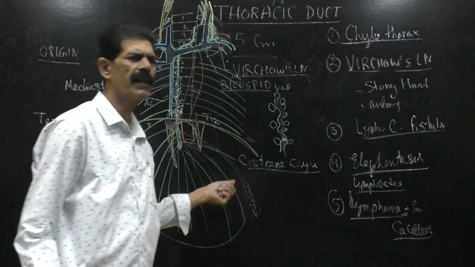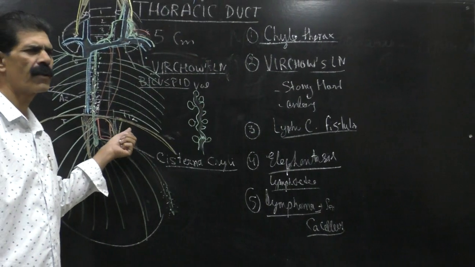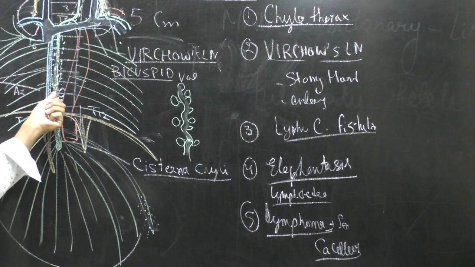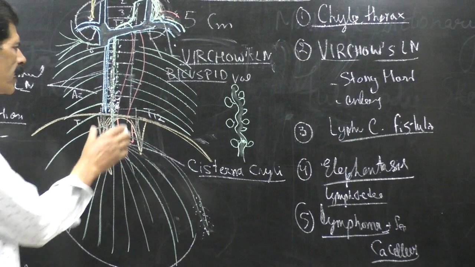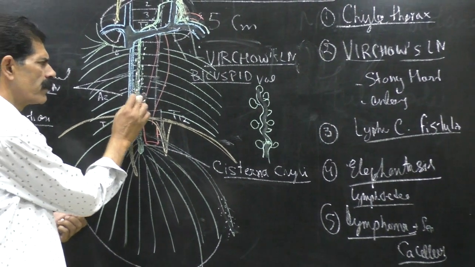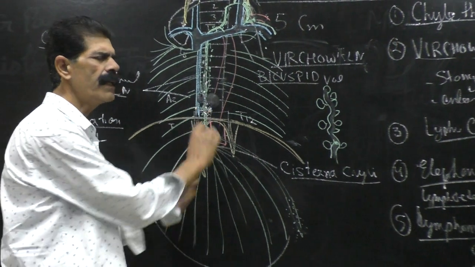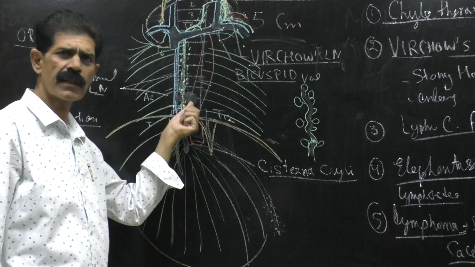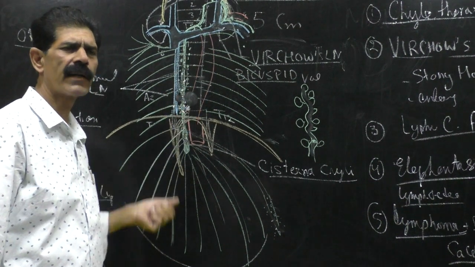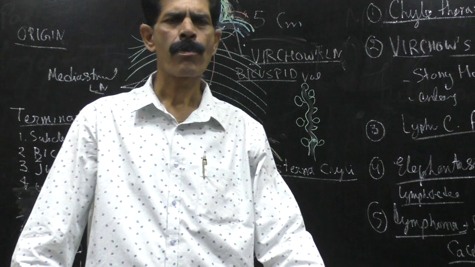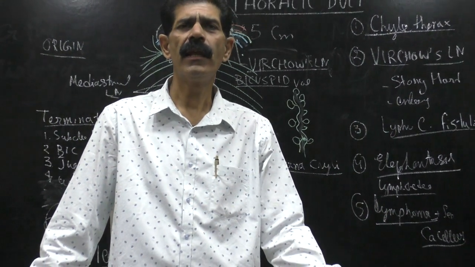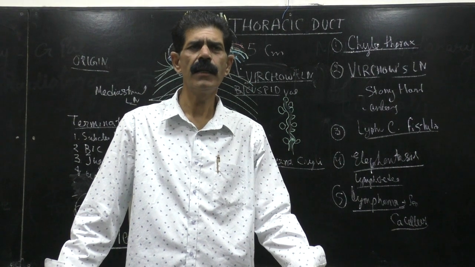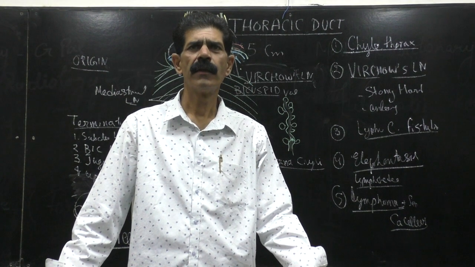So due to any reason, because of the cancer primary or secondary, the lymph nodes get enlarged, and these enlarged lymph nodes press the thoracic duct from the external side, and the pressing of the thoracic duct by the enlarged lymph nodes leads to obstruction in the upward flow of the lymph. So in this condition also, the lymph will go back into the tissues, and that leads to lymphedema of the tissues and the organs. So that is the condition also related to cancer of the lymphatics. That's all.